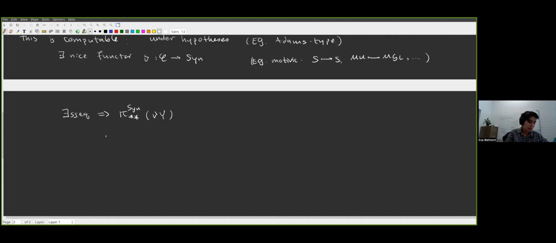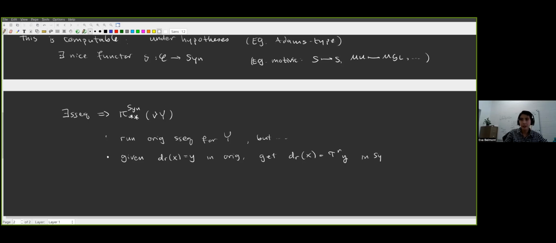So in order to understand the spectral sequence, first you run the original spectral sequence for Y, but this spectral sequence computing synthetic homotopy groups is a variant of it where given a differential in the original spectral sequence, you're going to get a differential hitting some power of tau times Y in the synthetic.